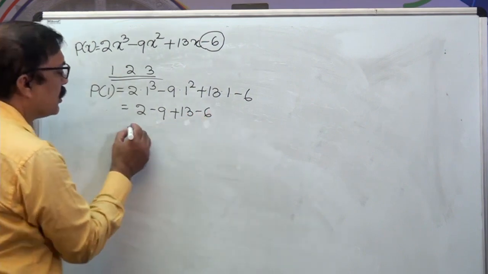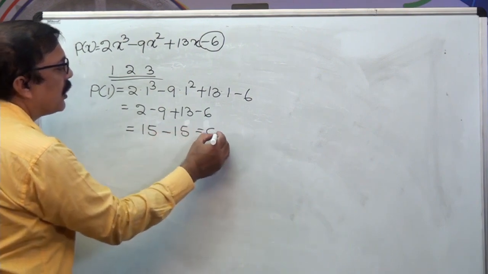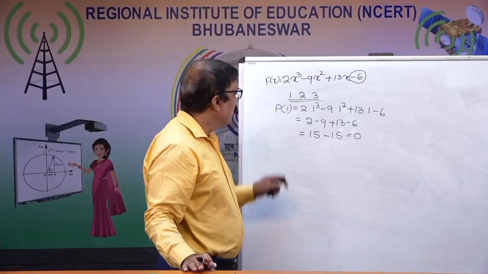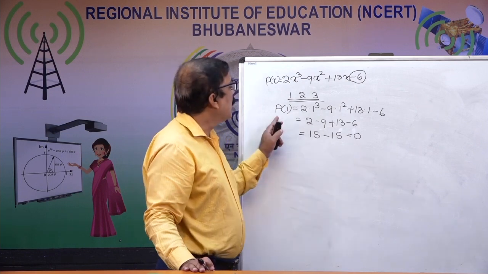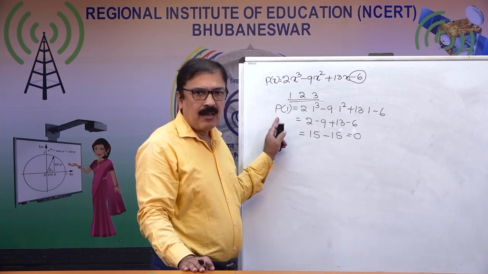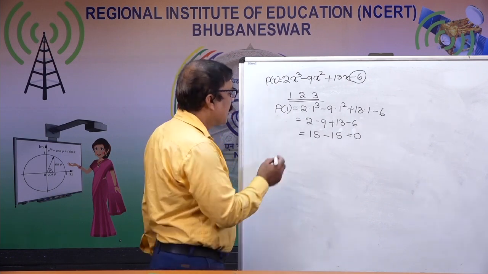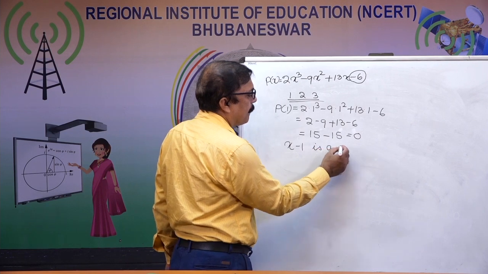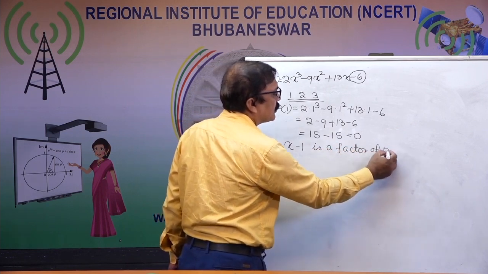So this is 15 minus 15, that is 0. Now once we get P(1) equal to 0, it is clear from our factor theorem that we can say x minus 1 is a factor of P(x).